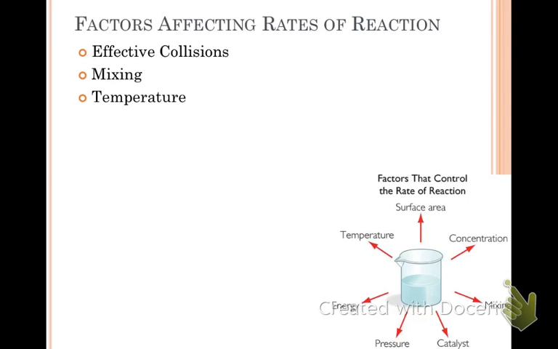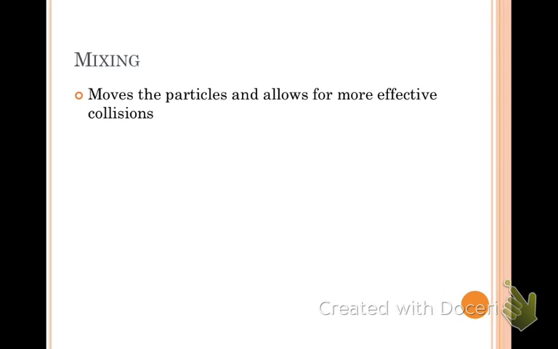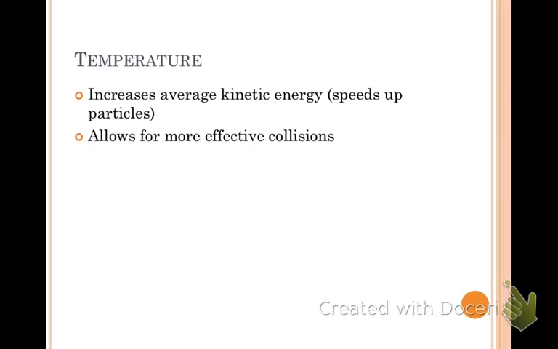We have correct temperature, concentration, a presence of a catalyst, and pressure. So for mixing, we want to make sure that those particles are moving all around. The more that they're moving, the more energy that there is, and allows for more effective collisions. So the more likelihood that you'll have proper orientation, as well as enough energy. Temperature. Temperature is kinetic energy.